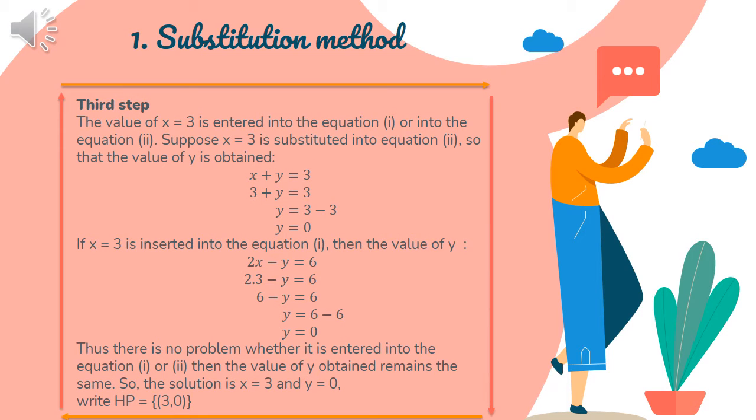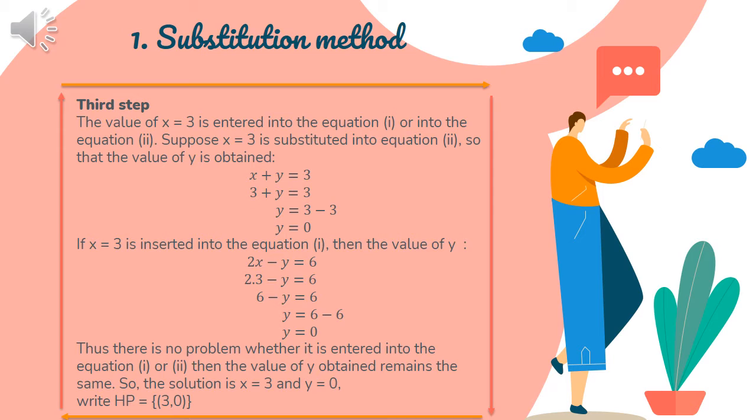Third step. The value of x equals 3 is entered into the first equation or into the second equation. So first, x equals 3 is substituted into the second equation so that the value of y is obtained. X plus y equals 3, 3 plus y equals 3, y equals 3 minus 3, y equals 0.